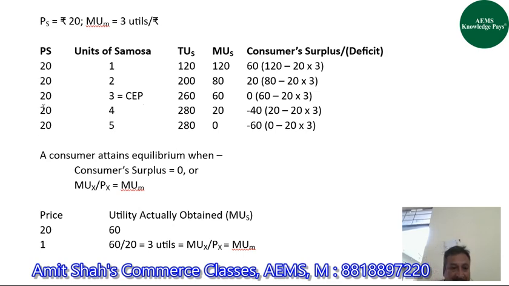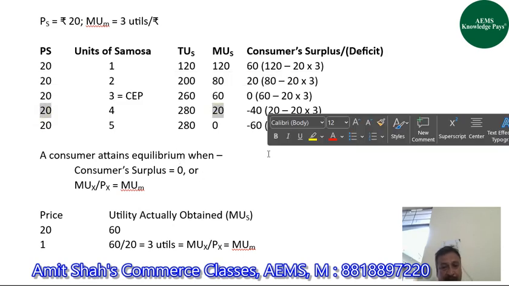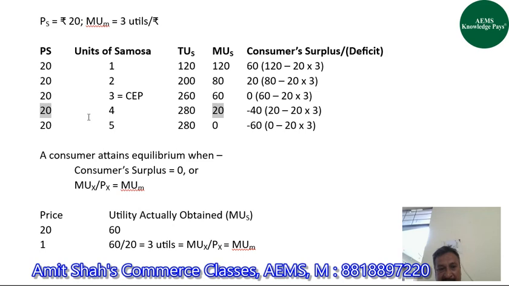So here he is paying rupees 20 but getting satisfaction of only 20 utils, whereas he expected satisfaction of 20 into 3, 60 utils. Getting my point? Yes, Anish, sir, Mansha and Himanshi. And that is why he will stop here only. He will not go ahead. So his equilibrium point is 3 utils here.